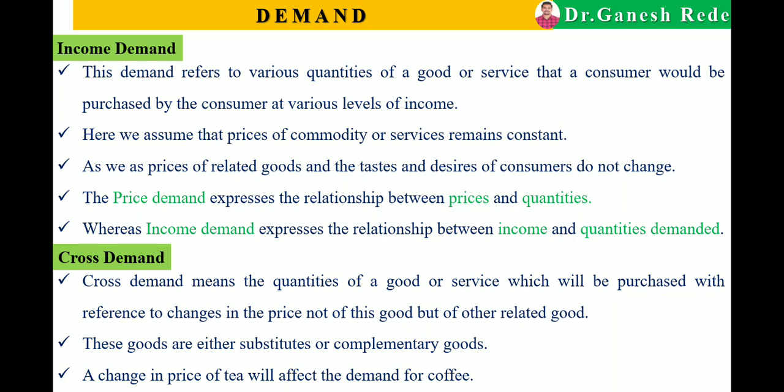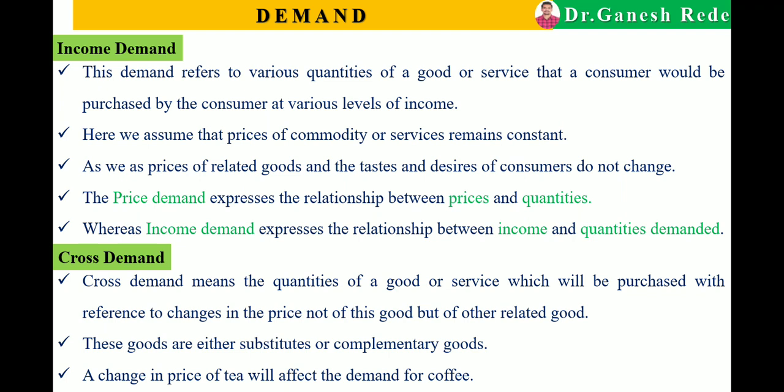Now next, income demand. As we have seen in price demand, the quantity demanded varies with change in price. Here, income demand refers to the various quantities of a good or service that a consumer would purchase at various levels of income.